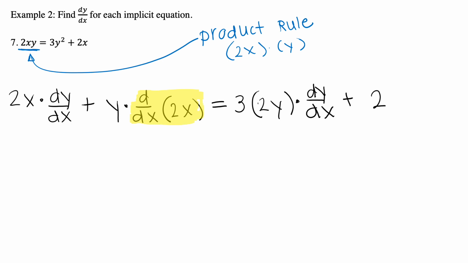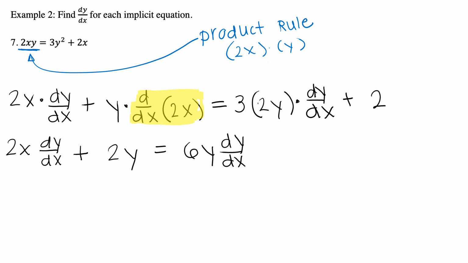So my next line, I still have this 2x dy/dx plus y times the derivative of 2x with respect to x, which is just 2, so I can write this as 2y, equals. Multiplying my 3 and my 2, I get 6y dy/dx plus 2. Now we'll notice that I have a dy/dx on my left-hand side and a dy/dx on my right-hand side, so I need to move both to one side and all of my non-dy/dx terms to the other side.